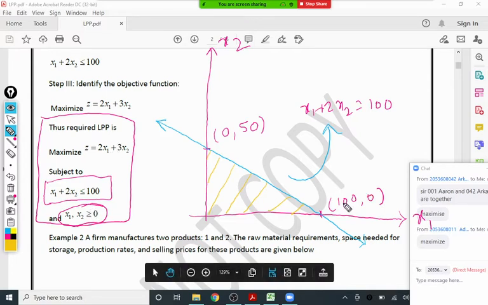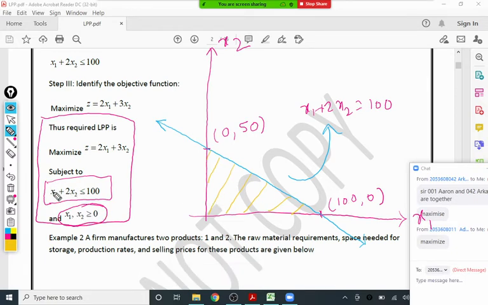So x1 and x2 are greater than 0, that's satisfied. Then if we replace x1 equal to 100 and x2 as 0, we get 100, so this constraint is also satisfied. So take any point from this triangle, it satisfies the constraints. So it is a feasible region.